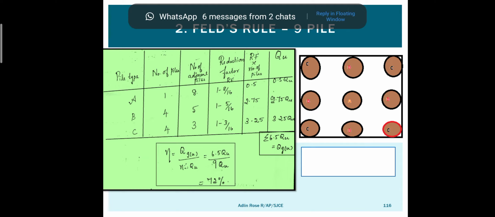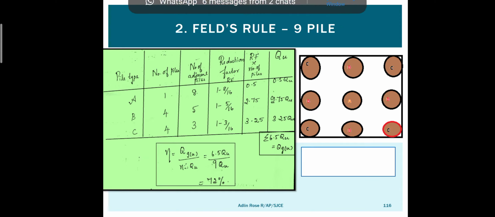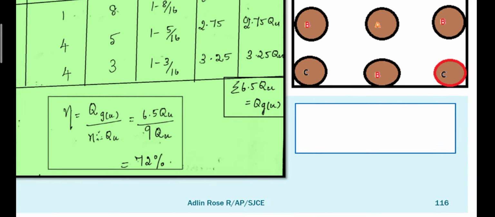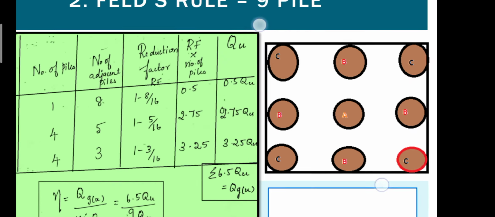Now, let us find the efficiency of the pile group by Fell's rule. For Fell's rule, you have to draw a few columns, 6 columns, and the first column is pile type. Totally how many pile types are here?